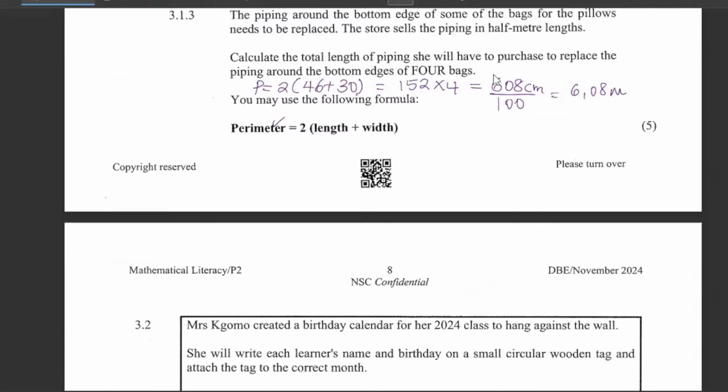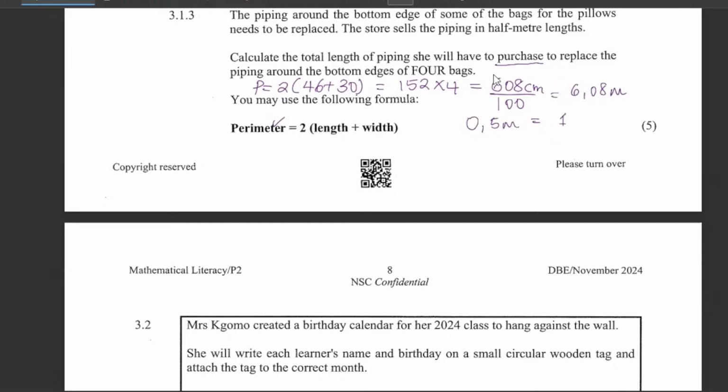So they're asking you, the total length of piping you will have to purchase to replace the piping at the bottom edge of the bags. So when you go to the shop, they sell in half meters, 0.5 meters. You buy one.